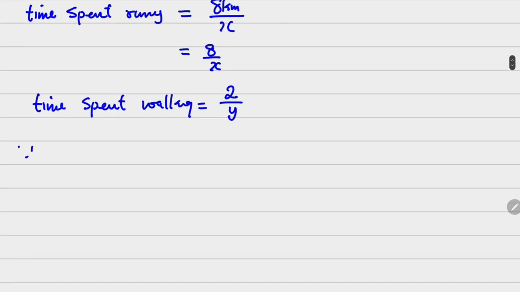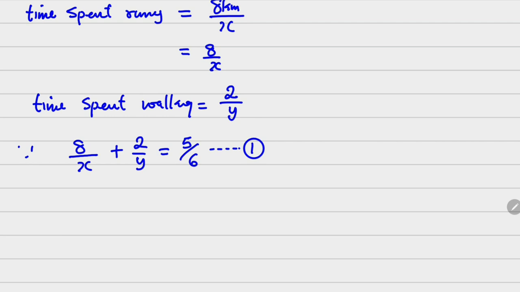So we can now form an equation using the fact that 8/X, which is the time for running, plus 2/Y, which is the time for walking, must give me 5/6, which is the total time spent in the first case. And this is equation 1.